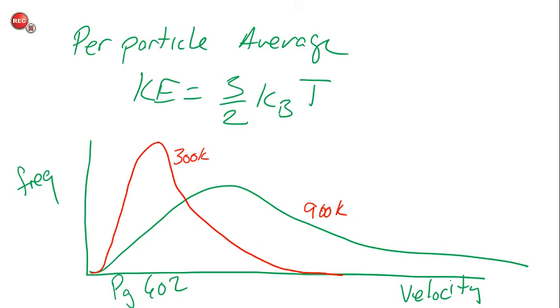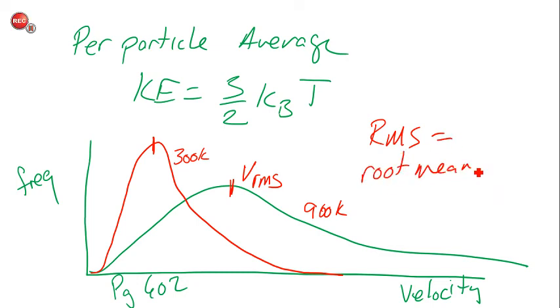It has a higher average. In this case, what we'll say is the average is the peak here. This is what we're going to call the RMS. RMS is root mean square, which is the square root of the average of v squared for all the particles. So that's not exactly what it is.